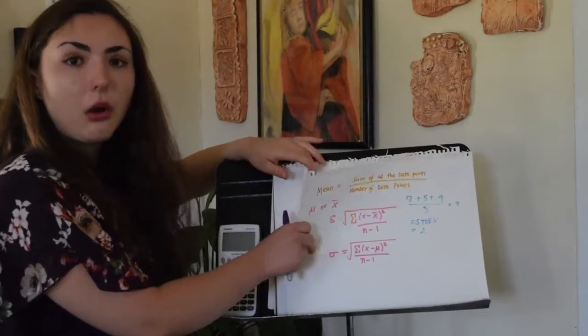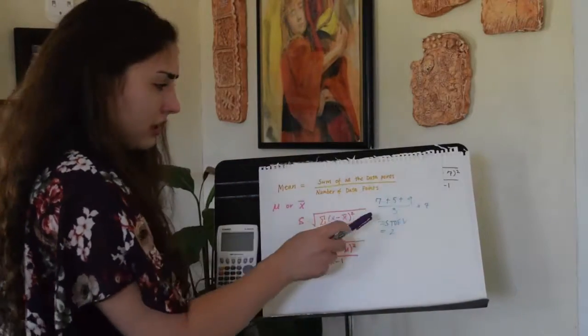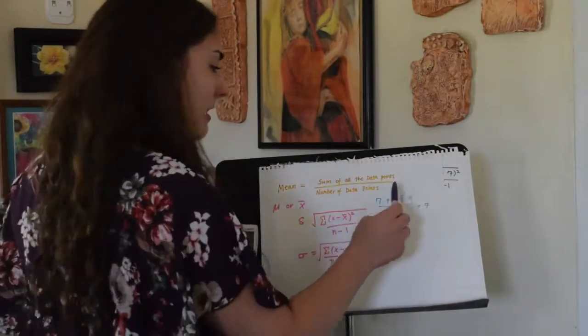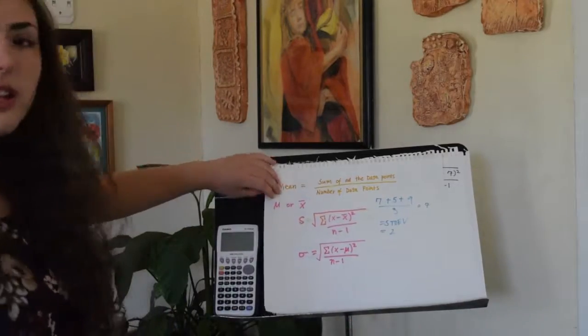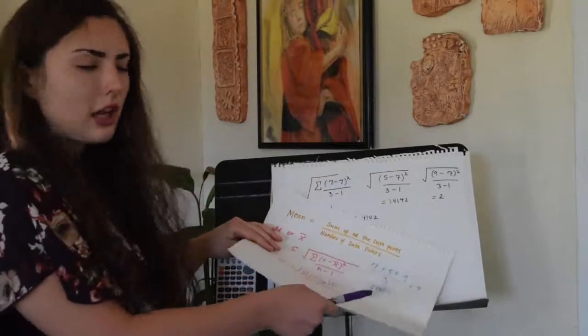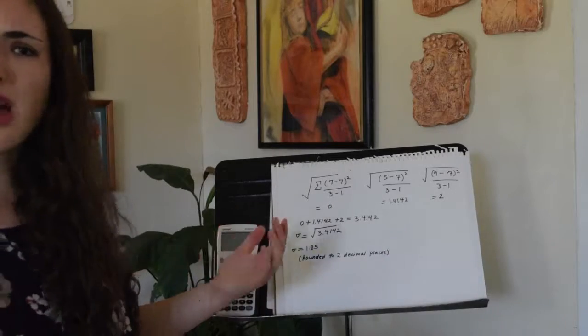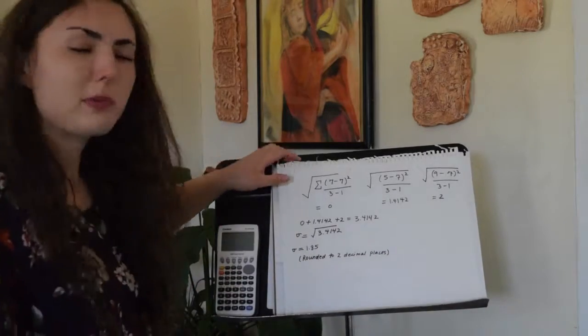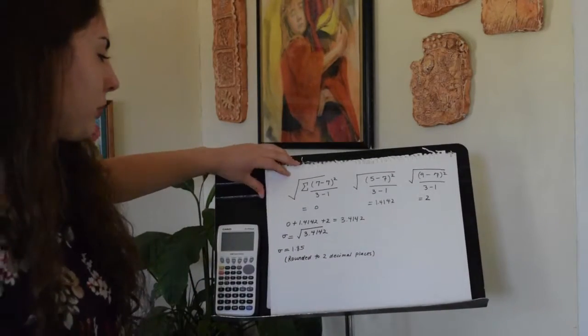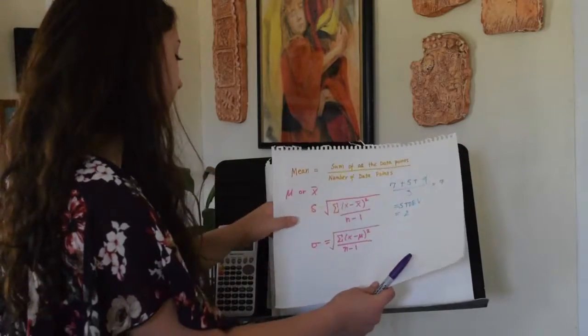Let's calculate now the standard deviation for these example data points of 7, 9, and 5, so that you can see just how that works. Calculating the standard deviation for a lot of numbers can be extremely time consuming, so it's best to use technology, but for 3 it won't be too bad.